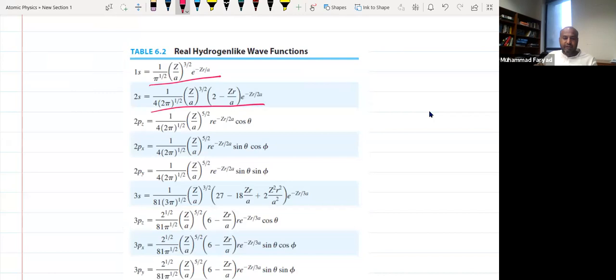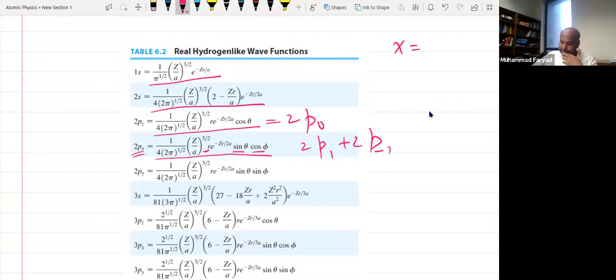Similarly, 2s is already real. This 2pz is exactly the same as 2p0, but this 2px, which was obtained by 2p1 plus 2p minus 1, has this term r sine theta cos phi, and we know that x is equal to r sine theta cos phi, y is equal to r sine theta sine phi, and z is equal to r cos theta.